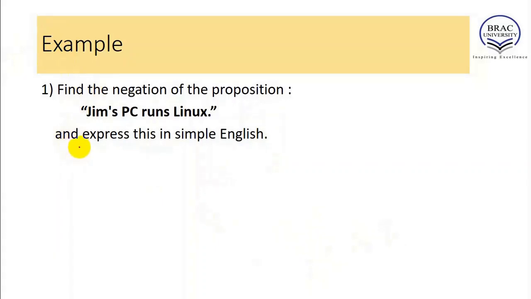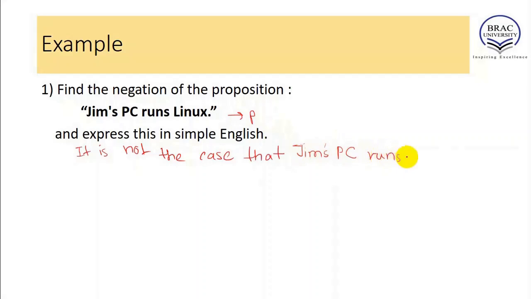We have to write something like this: it is not the case that, and if this is P, we have to write here P. So it is not the case that Jim's PC runs Linux.